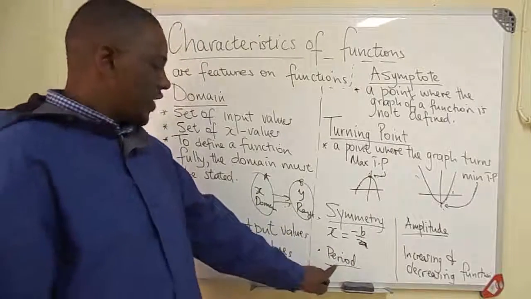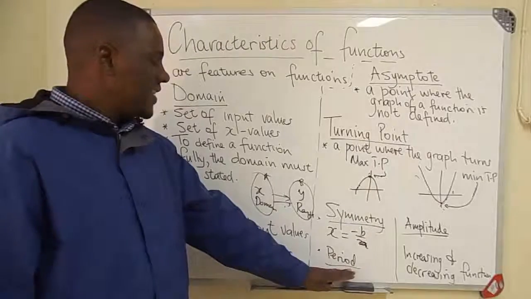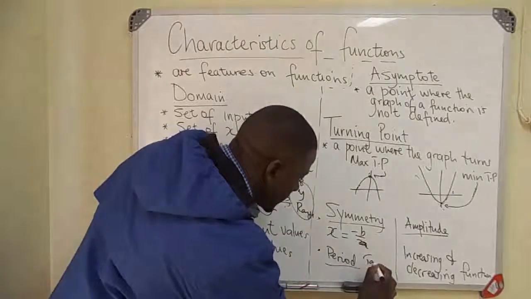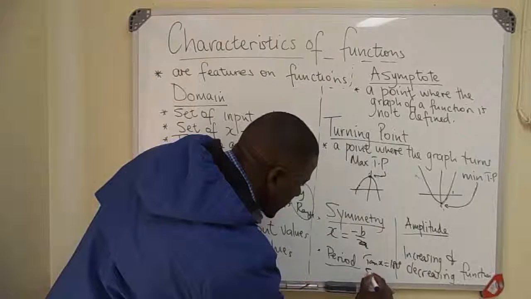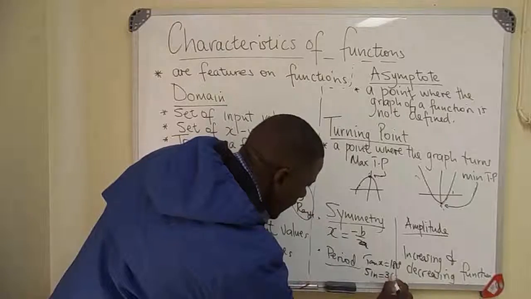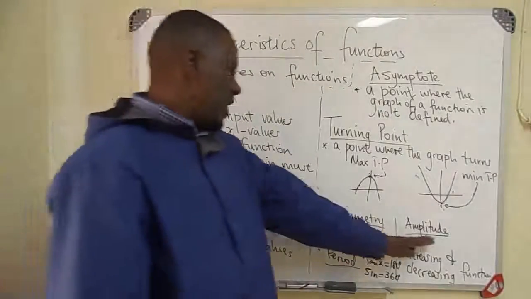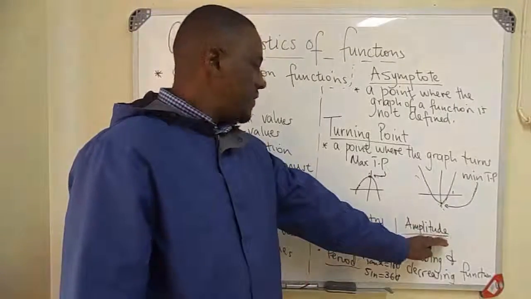Period, we are now talking about trigonometric functions. The period of tan is 180 degrees. So tan x repeats every 180 degrees. For sine and cos it is 360 degrees. We come here, we are talking about amplitude, the maximum deviation.